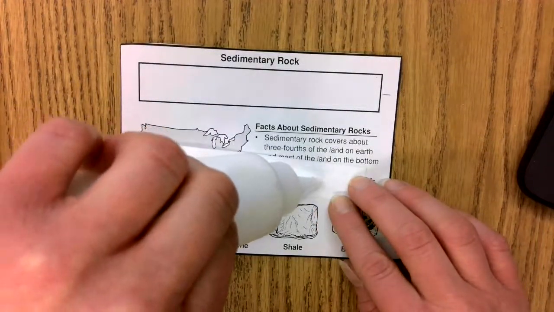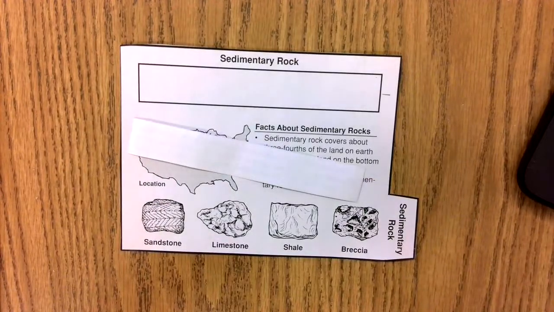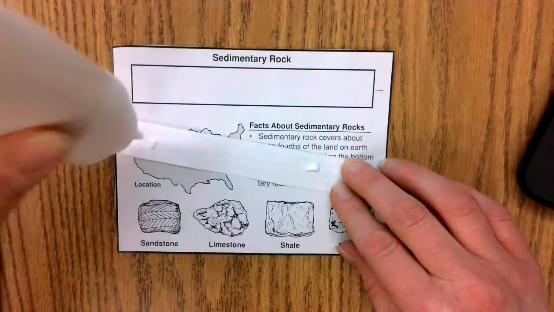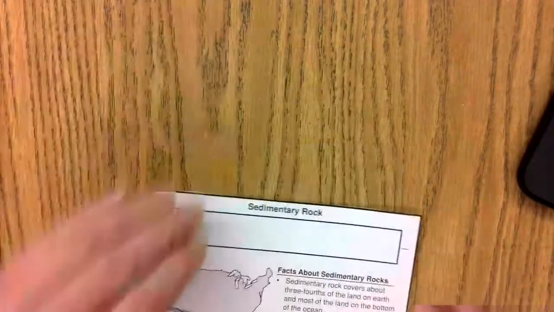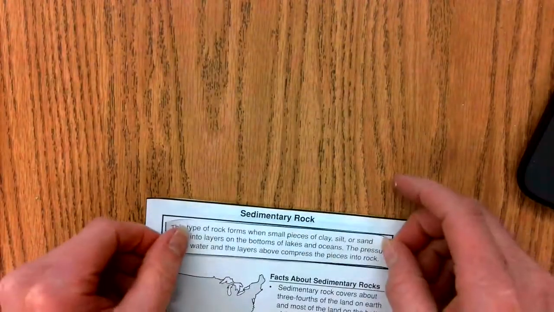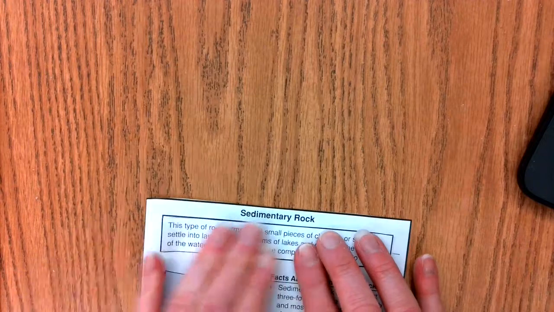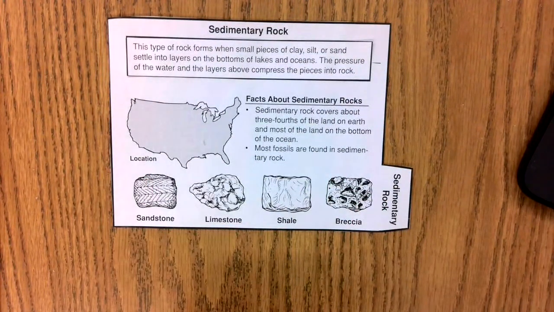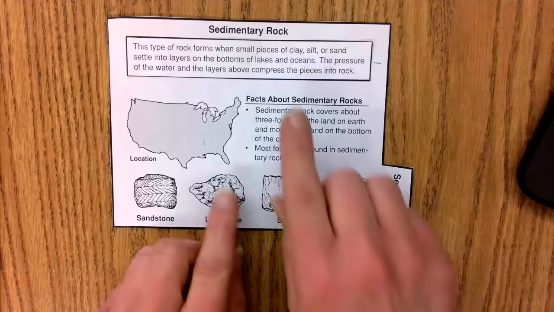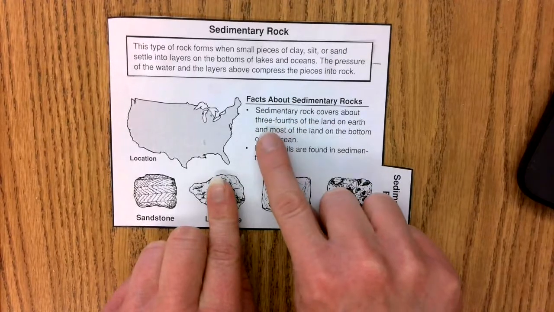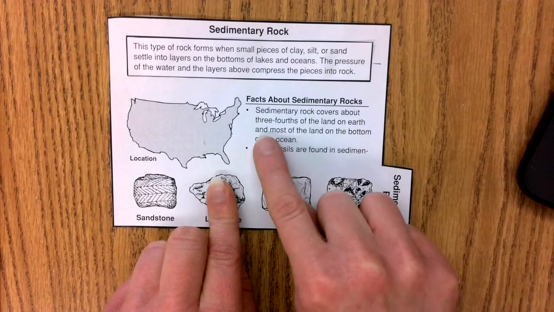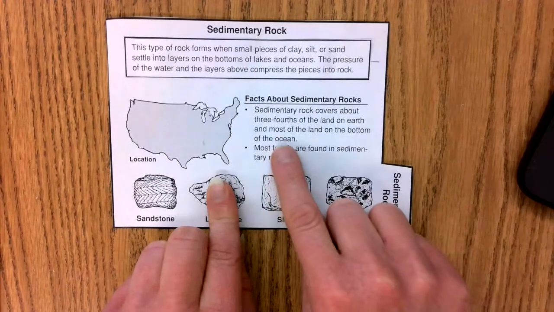Put a little bit of glue here. Right? So sedimentary rock covers about 3/4 of the land on Earth and most of the land on the bottom of the ocean.